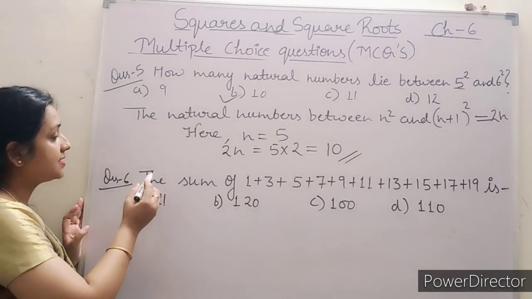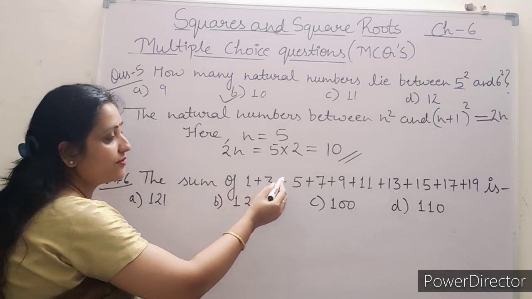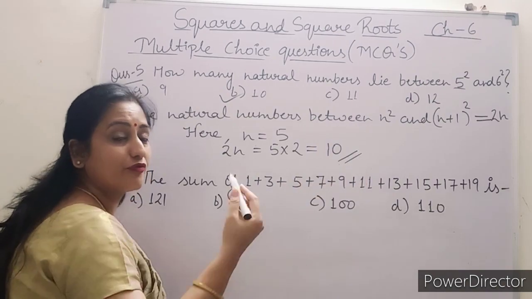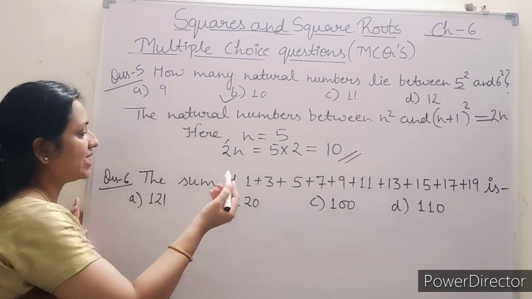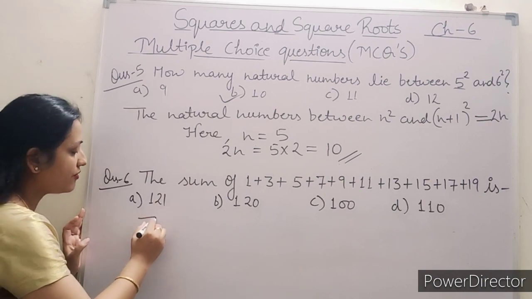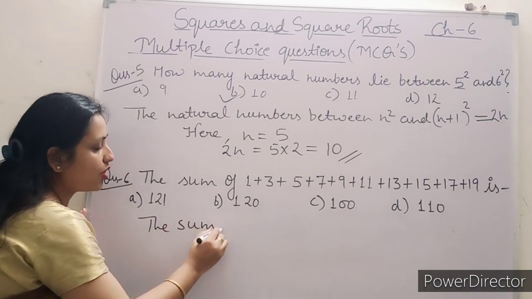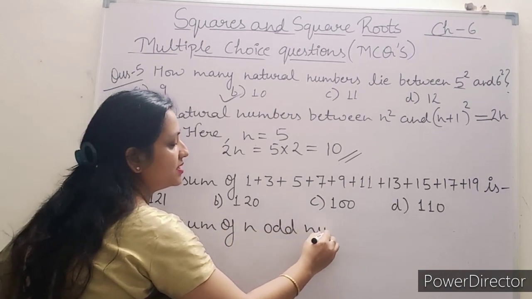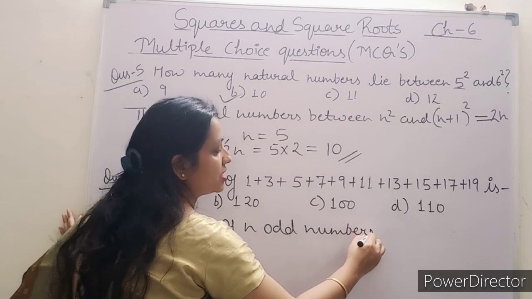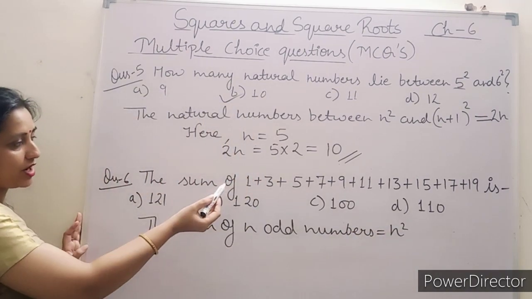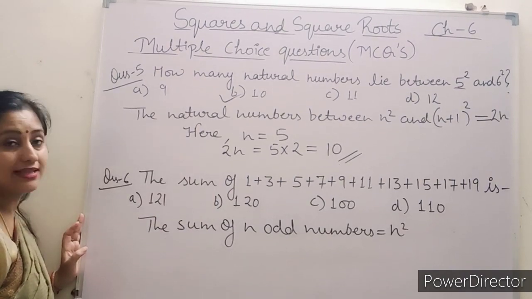Question number 6. The sum of 1, 3, 5, 7, 9, 11, 13, 15, 17, 19 is, so without adding we have to find out the sum of these numbers. We know that the sum of n odd numbers is equal to n square. Now we have to find n in this question.